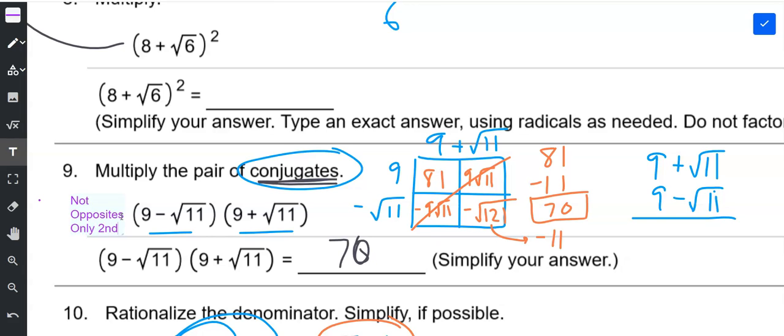Only the second sign gets changed. Notice that. Only the second sign gets changed. The first one stays the same. Those are called conjugates. And conjugates, when you multiply them together, get rid of the radicals. Now, that's an important point for something that we're going to see in a second.